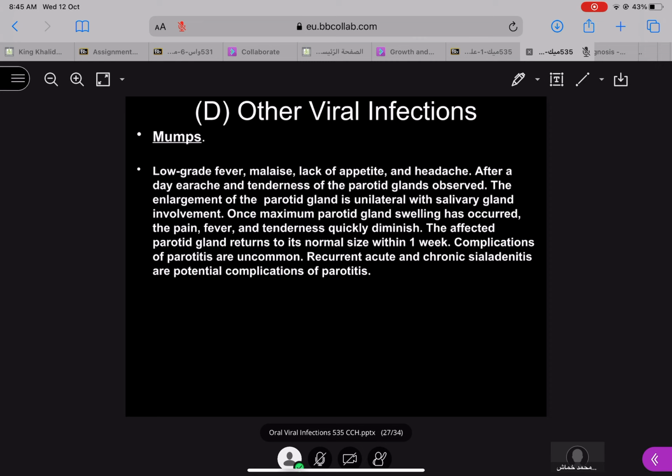The enlargement of the parotid gland is unilateral, or sometimes bilateral, because this virus targets the salivary gland and causes enlargement of this gland. So as a consequence, the enlargement of the parotid gland is observed.